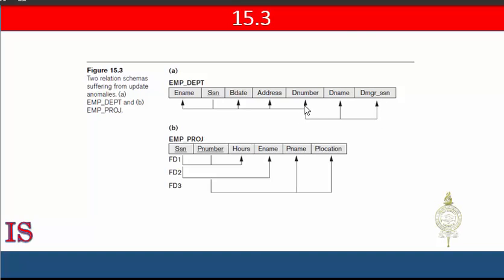And department number is neither a key nor a subset of the key of the employee department relation. Intuitively, we can see that the dependency of department manager Social Security number on department number is not desirable in this employee department table, since department number is not a key of the employee department table.